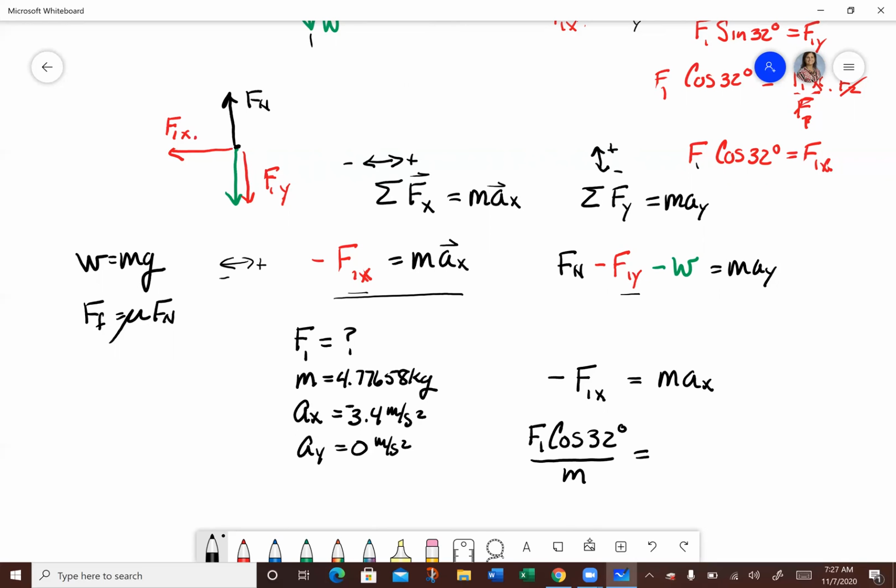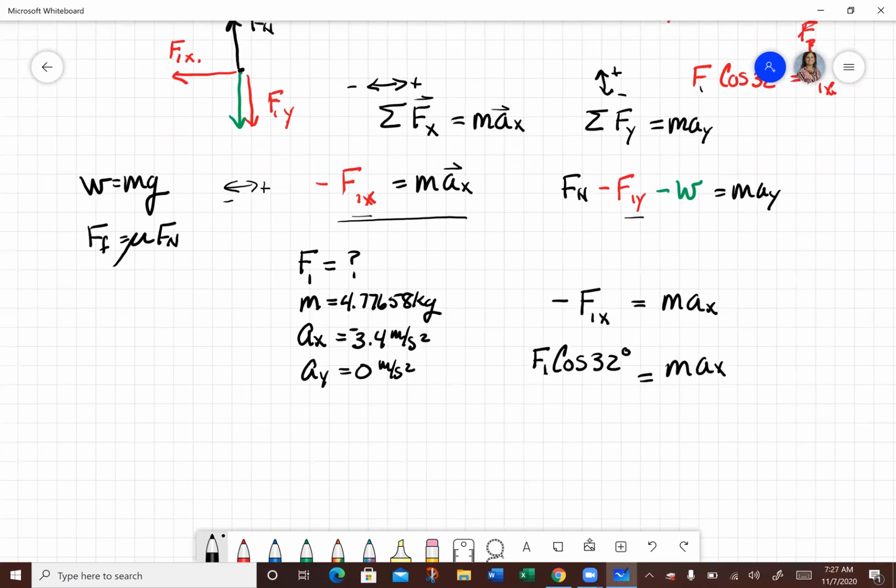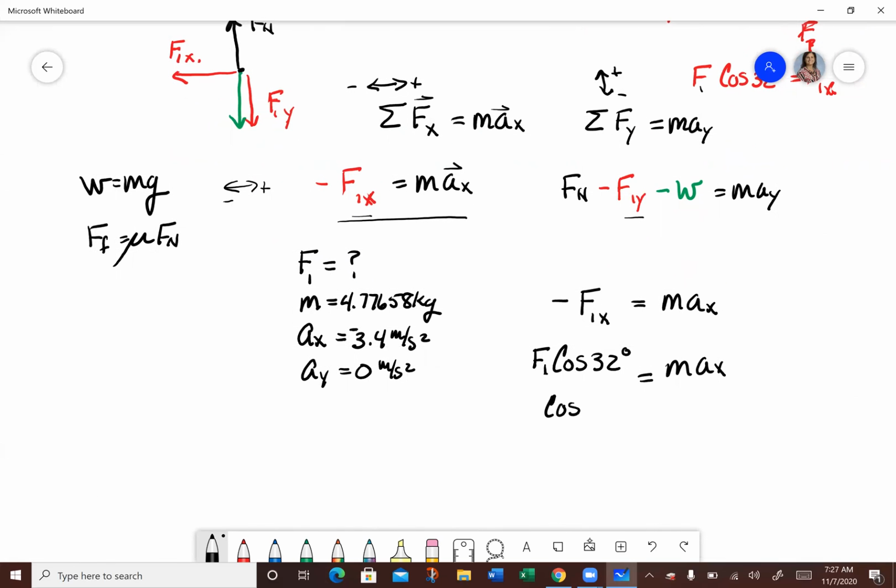That's not what I want. I don't need to divide by mass because I'm actually, in this case, solving for F1. So I'm going to divide both sides by the cosine of 32 degrees. Because what I know is mass, acceleration, and I know that.